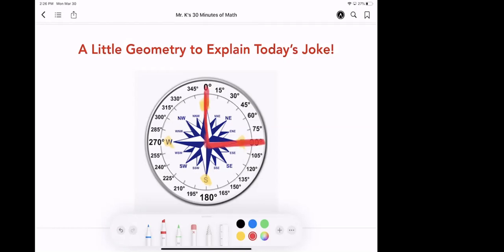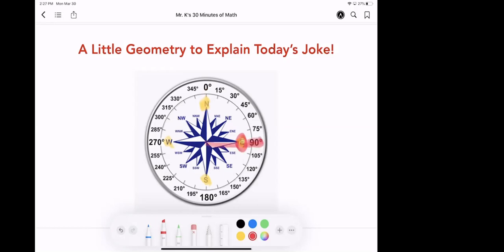Now, sometimes when you are traveling, particularly this comes up on airplanes, you'll notice that you'll get directions in a certain number of degrees. So instead of saying go east, you could say go 90 degrees.